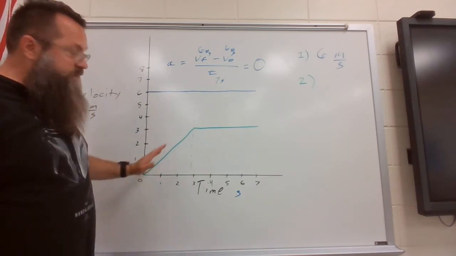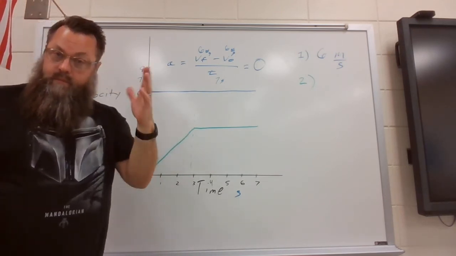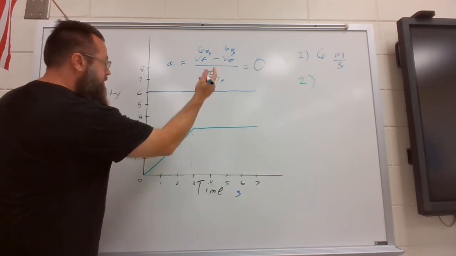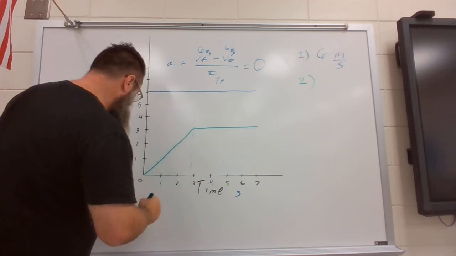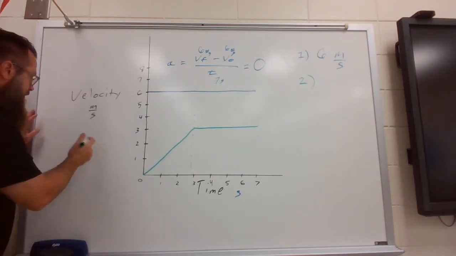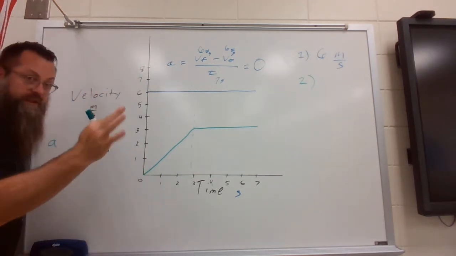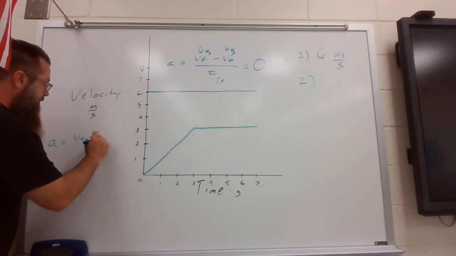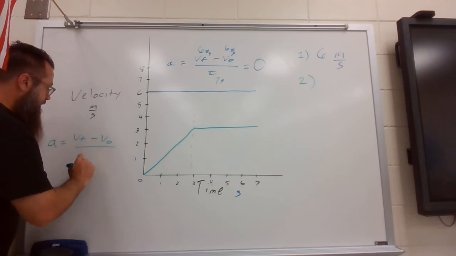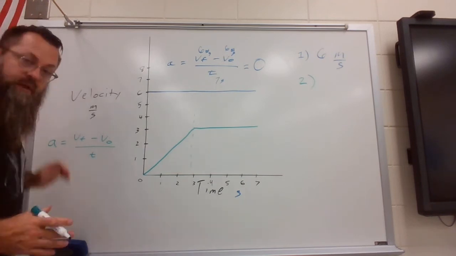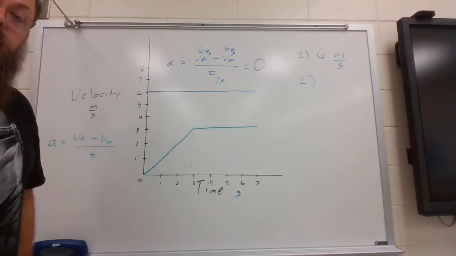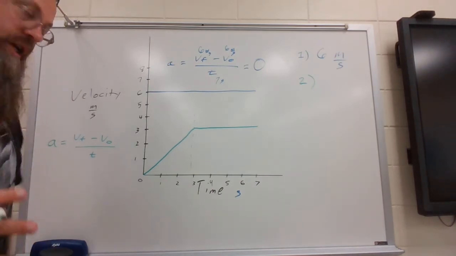Here, this is basically a slope of 1, because it goes from 0 meters per second. So let's go ahead and set up this formula. I'm going to do it over here on the side so I have enough room. So the acceleration in the first 3 seconds only. Acceleration, final velocity minus initial velocity divided by the time it took to do the change.